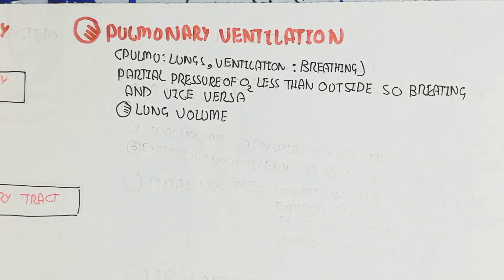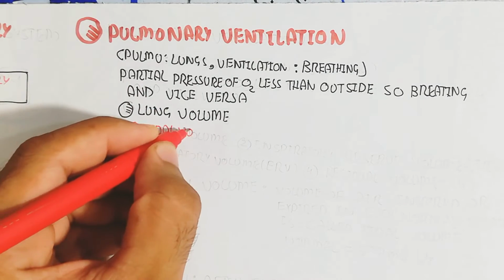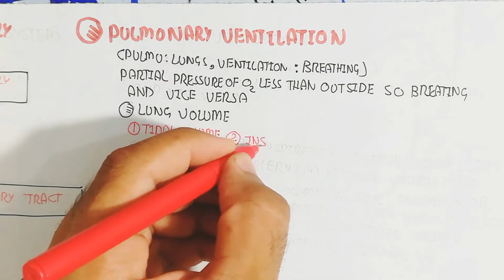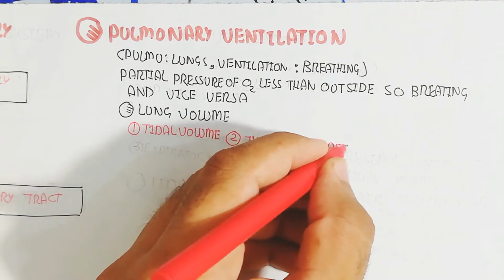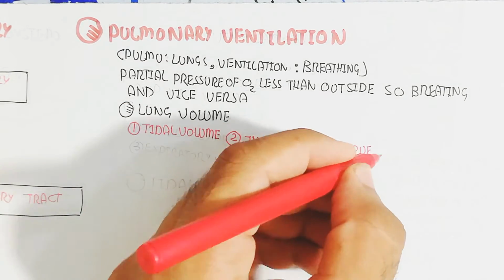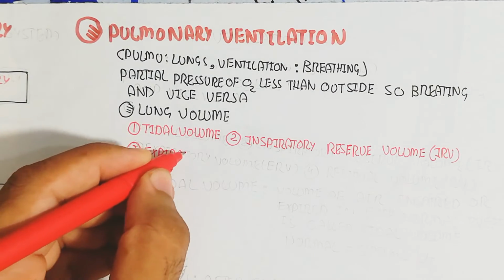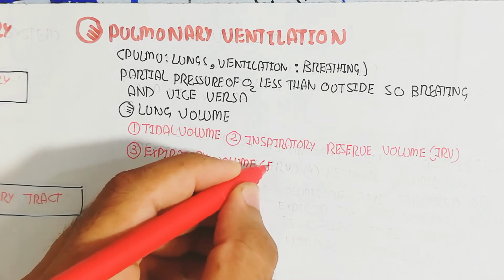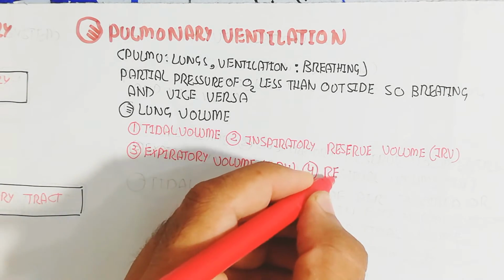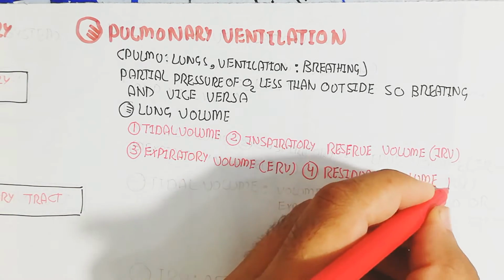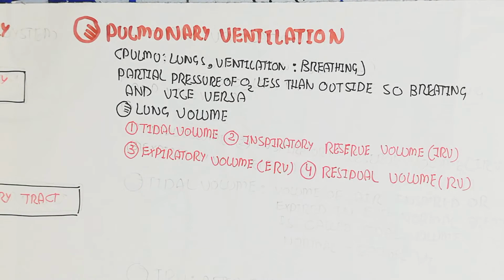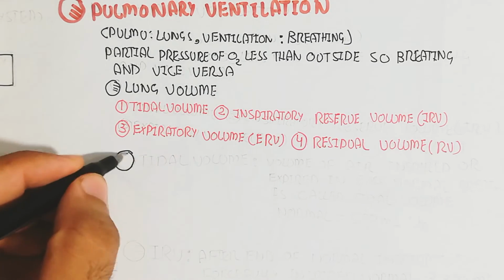Now we will discuss the lung volumes: the tidal volume, the inspiratory reserve volume, IRV, the expiratory reserve volume, ERV, and the residual volume, RV. Let's begin with the tidal volume.